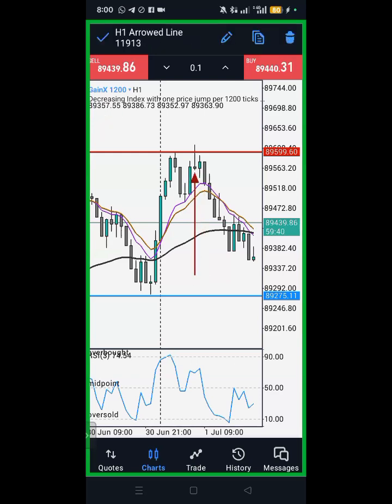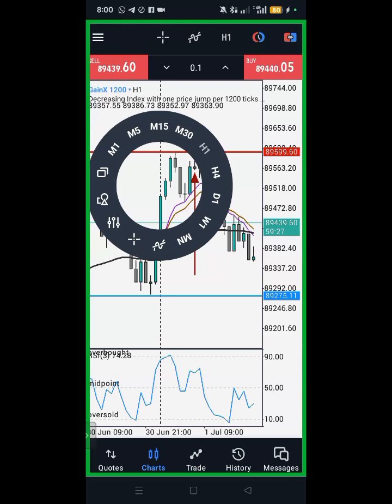So the simple procedure on the day when you come to your chart, the first thing you are supposed to do is to go to your daily. I don't know what's wrong with the MT5 mobile device. Throughout today, it has been problematic.